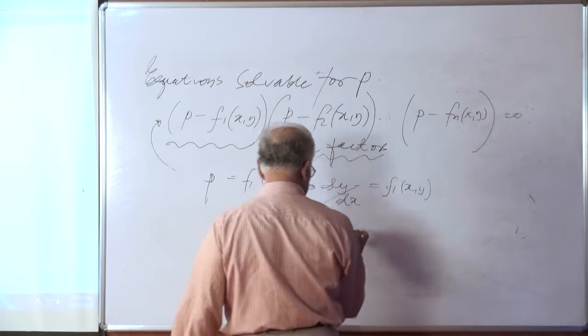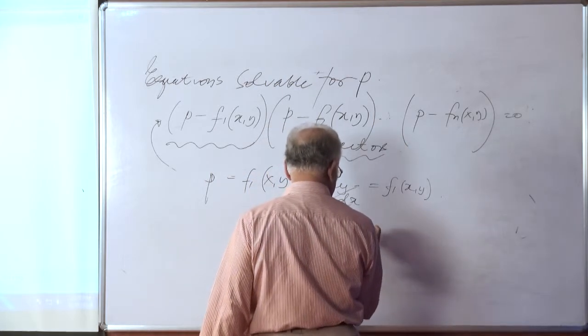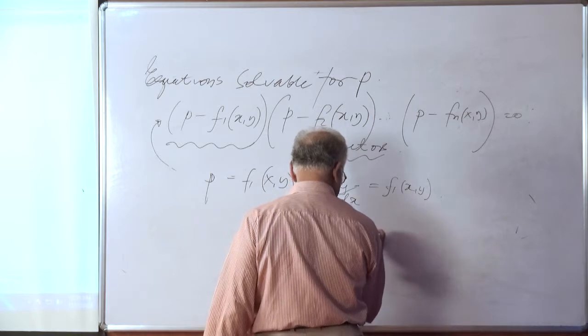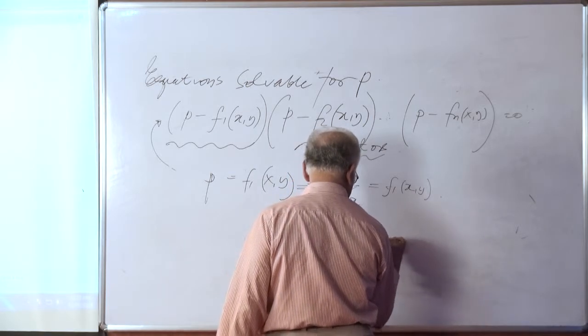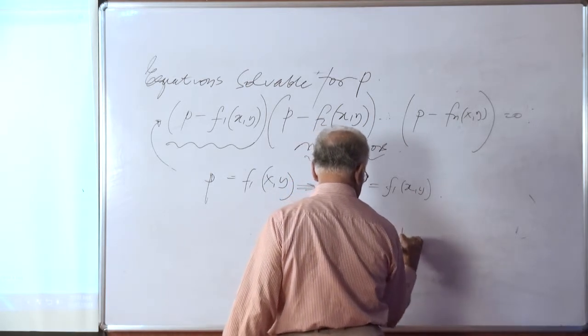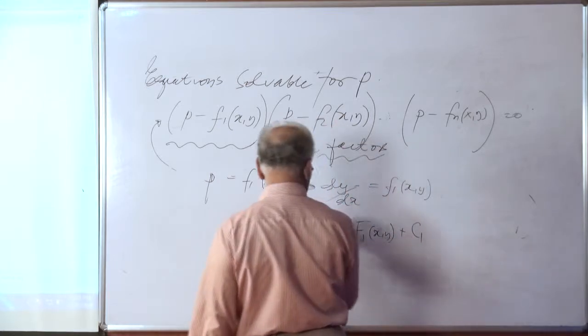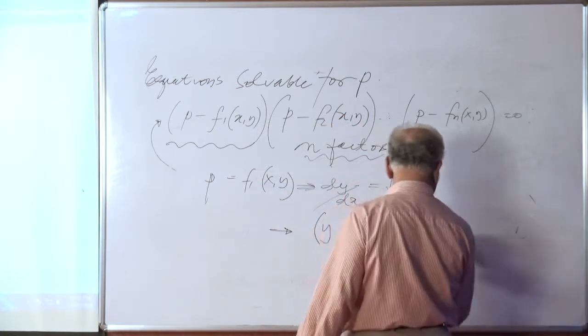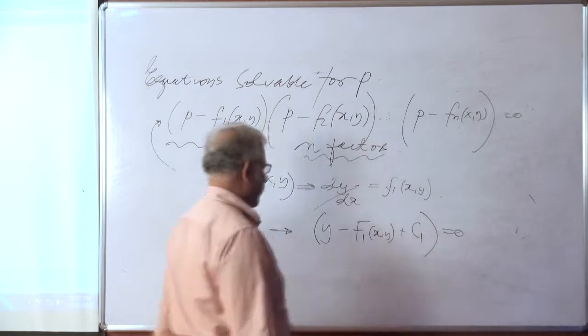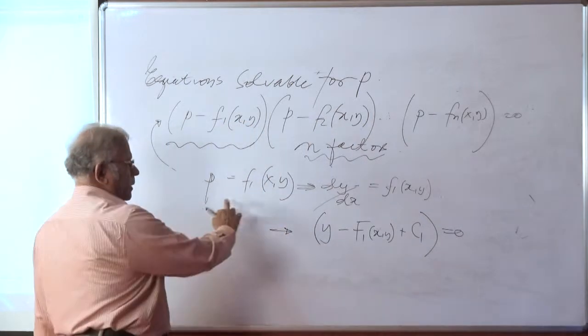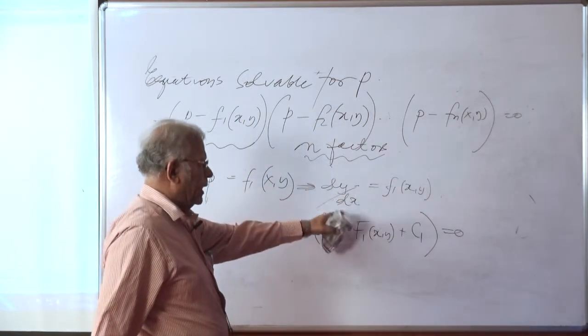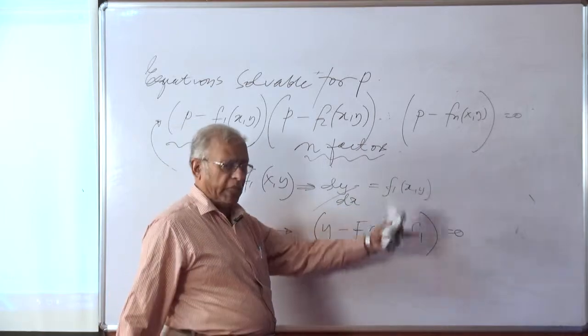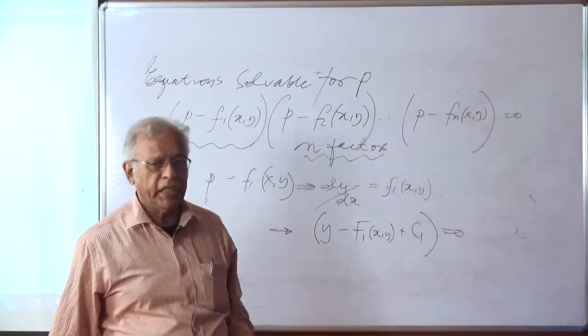y minus f1 xy plus c1 is equal to 0. So from here, because this is dy/dx expressed in terms of xy, there are many cases, different cases.